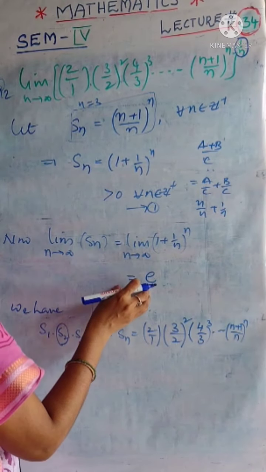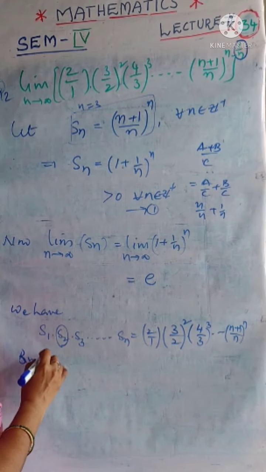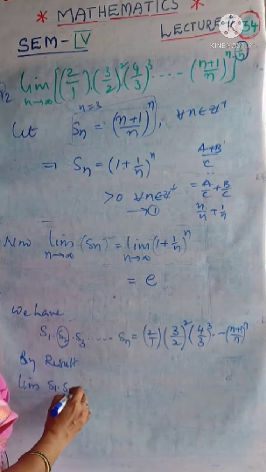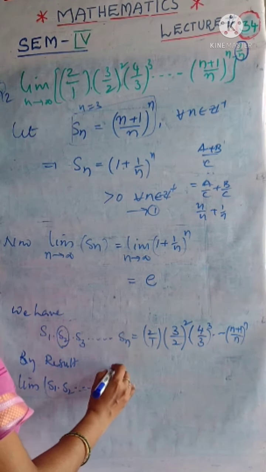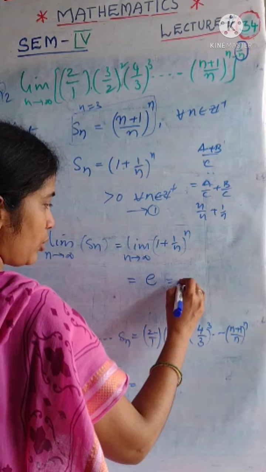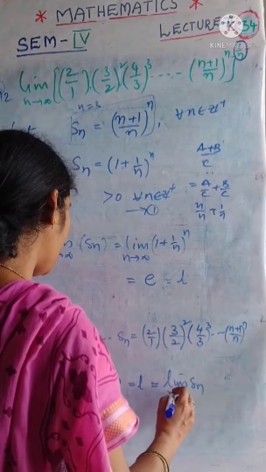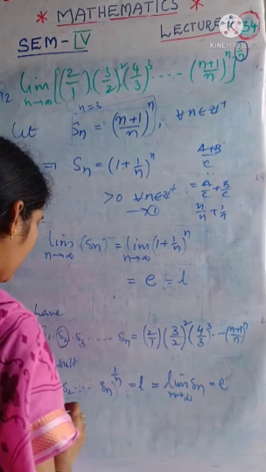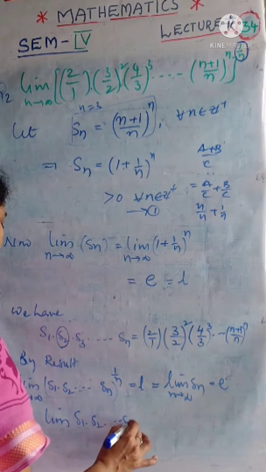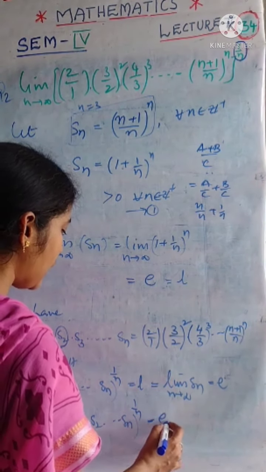The limit of Sn is e and the sequence is a sequence of positive terms. Then by the above result, the limit of (S1 dot S2 dot and so on Sn) to the power of 1 by n, suppose this is L, is nothing but the limit of Sn. What is the limit of Sn? That is e. Therefore, the limit of (S1 dot S2 dot and so on Sn) to the power of 1 by n when n tends to infinity is e.